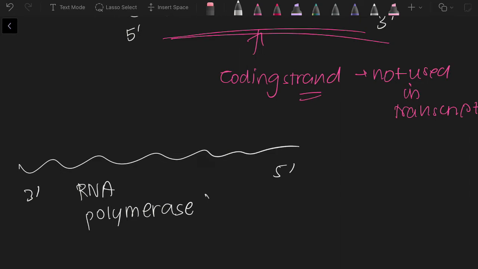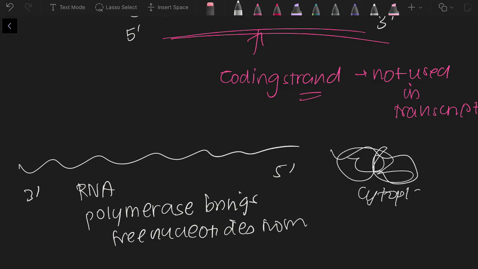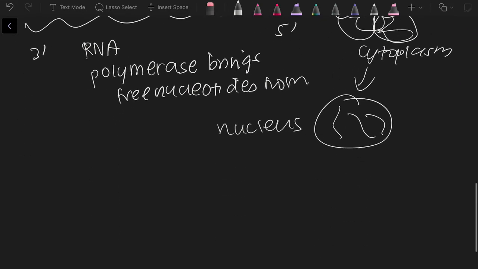So it brings free nucleotides, meaning free bases, from the cytoplasm into your nucleus, and the nucleus is where the transcription process actually happens.